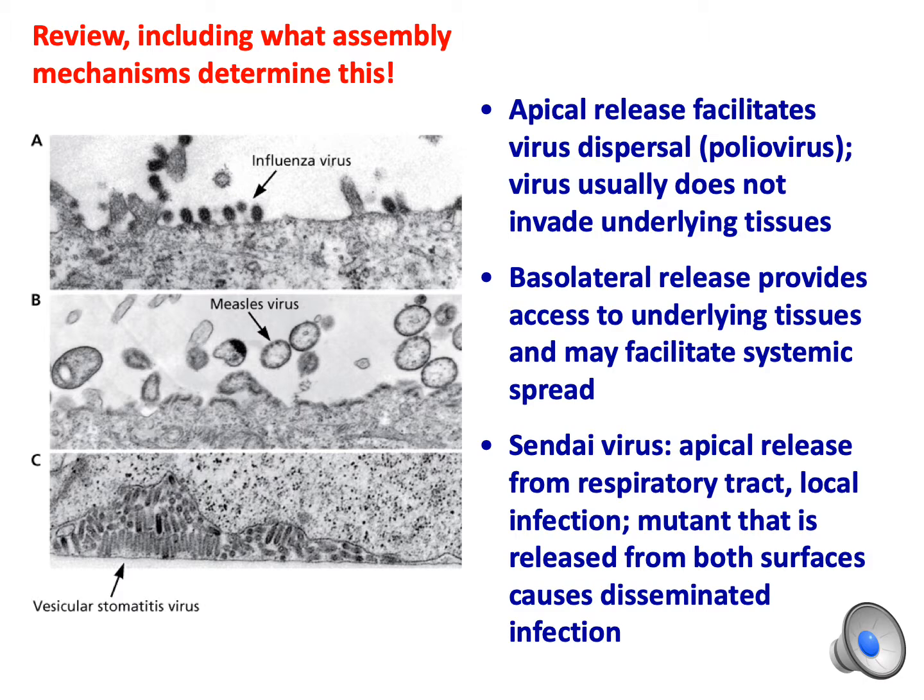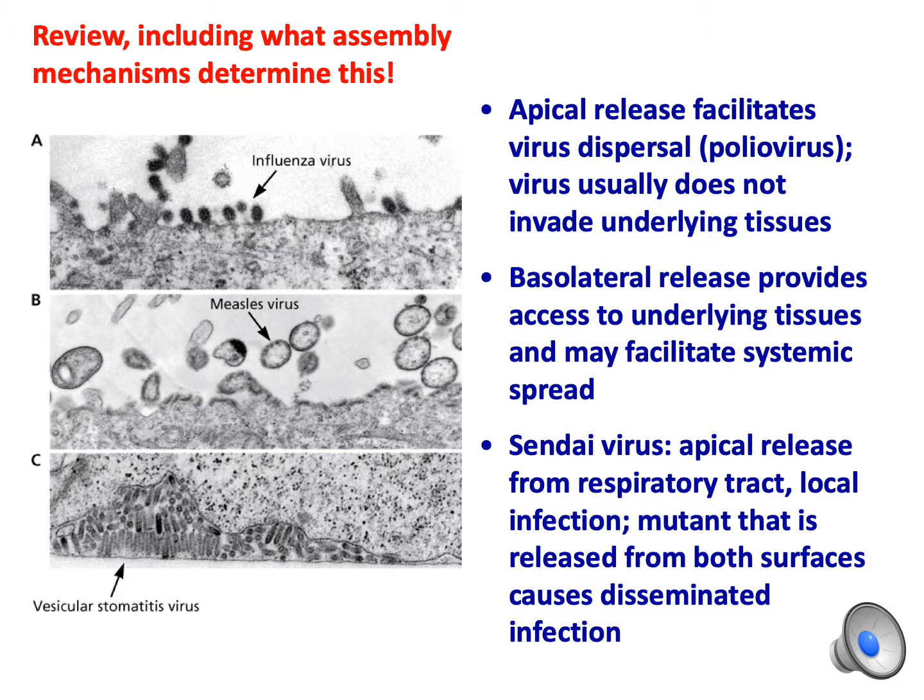So apical release from a GI surface or a respiratory surface facilitates the dispersal of a virus like poliovirus, which is a GI type virus. The virus doesn't usually invade underlying tissues. Influenza viruses typically are released apically, whereas basolateral release provides access to those underlying tissues and facilitates systemic spread.